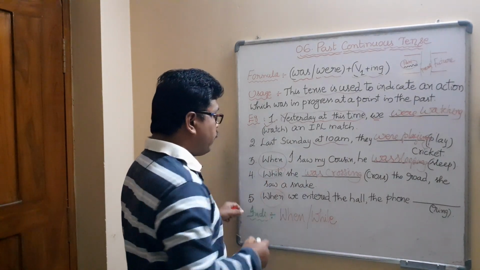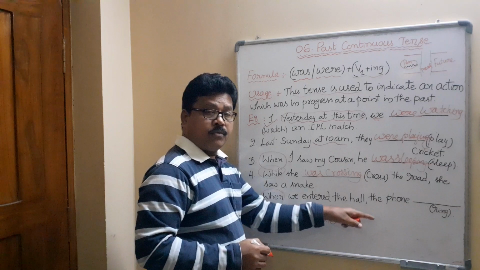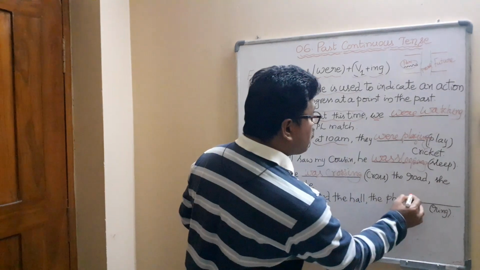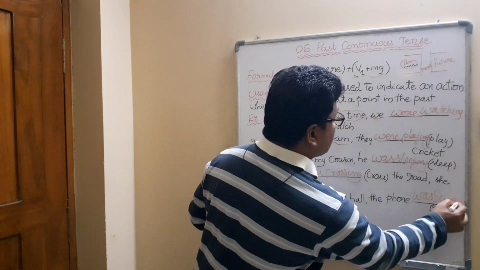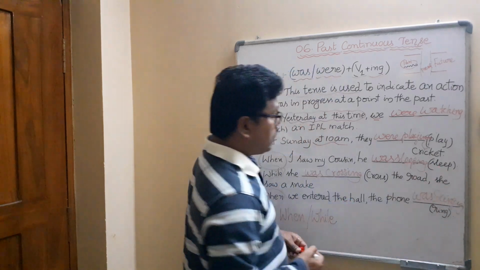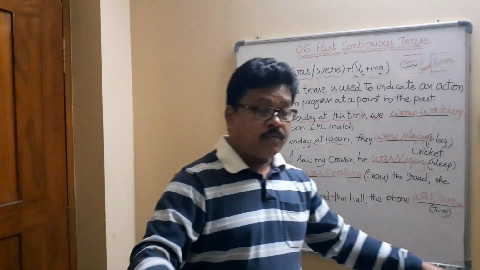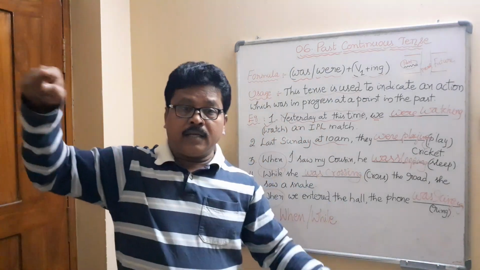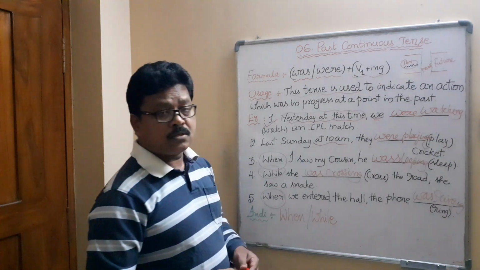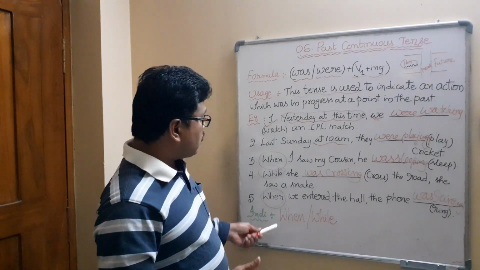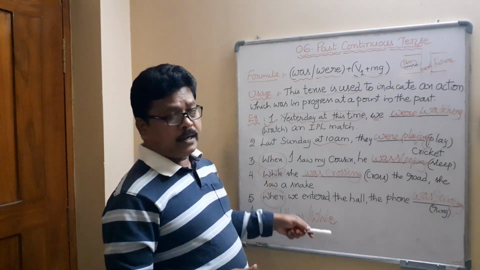Again when: when we entered the hall, the phone dash ring. The phone was ringing. When I entered the hall, the phone was ringing. So when is the indication. So the indications are very simple: when or while.